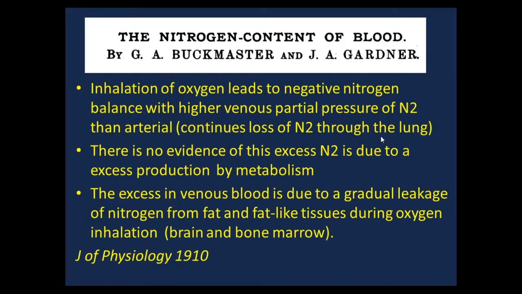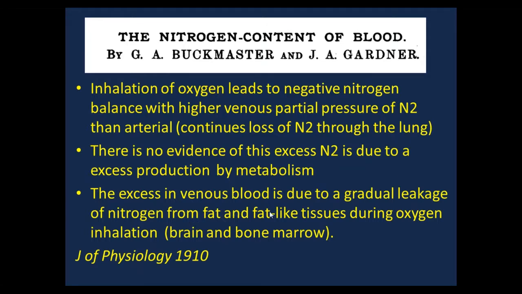So the nitrogen is not diffusing from the lung to the body, and the lung is still getting nitrogen from the body. There is no evidence that the excess nitrogen is due to excess production by metabolism. So what's the source of nitrogen in the venous blood? It is from the tissues.